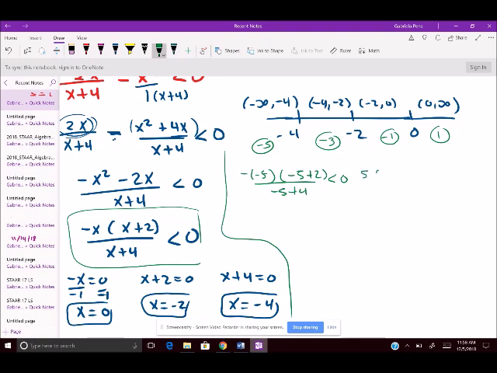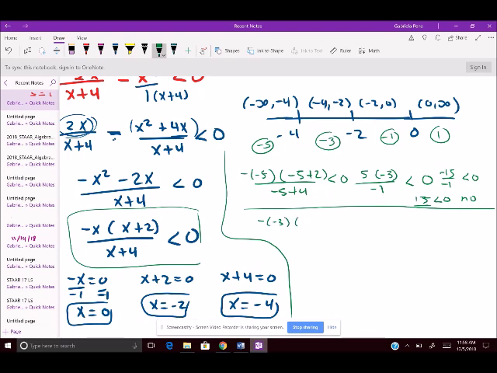Negative 3 over a negative 1. And we're looking to see if it is less than or equal to 0. Well, this becomes a negative 15 over a negative 1? No wait, the negative 5 times negative 3 is positive 15, over negative 1. So that's going to become what? Positive 15. Is positive 15 going to be less than 0? No. So that can't be it.